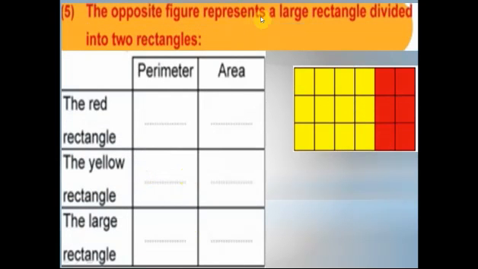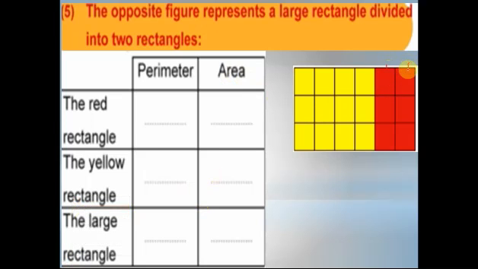The opposite figure represents a large rectangle divided into 2 rectangles. Here it is, the large rectangle, all of it, and it's divided into 2 rectangles, the yellow one and the red one. In this table, for the red rectangle, we want the perimeter and the area. First, we will get the perimeter for the red rectangle. To get the perimeter, we're counting the outer line.